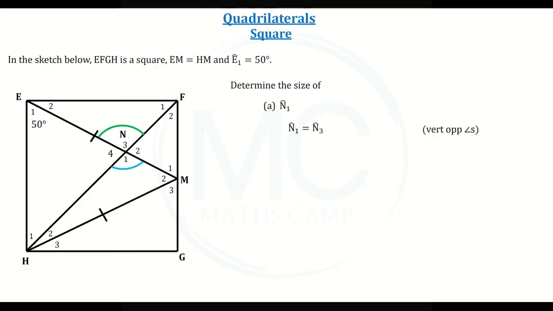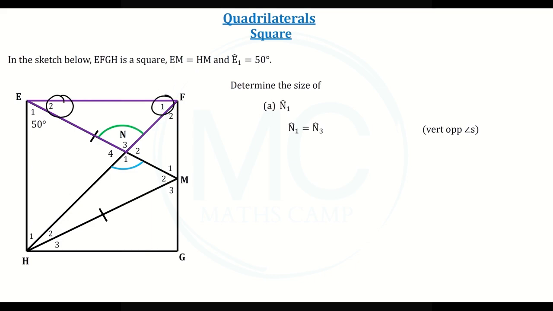Angle N3 sits in triangle EFN. So let's make this triangle purple. And we know that we can use the interior angles of a triangle to find the size of an unknown angle. So let's see what we know about angle E and angle F.